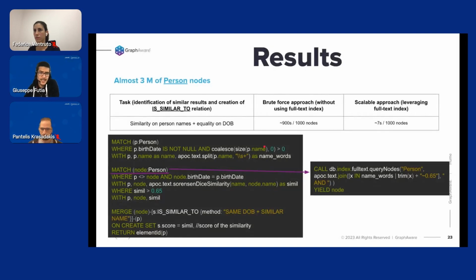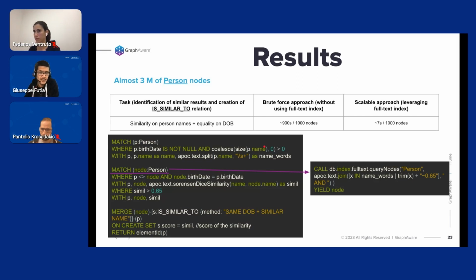In our experiments, we noticed that a brute force approach for 1,000 nodes, processed against the entire database, which includes almost 3 million person nodes, requires around 900 seconds, while a scalable approach that leverages a full text index took just 7 seconds for 1,000 nodes within a database of almost 3 million person nodes.